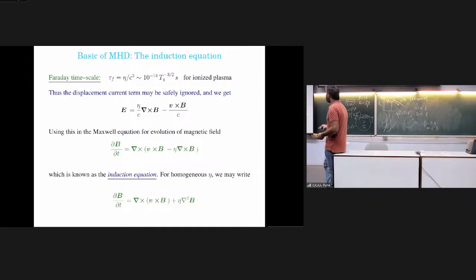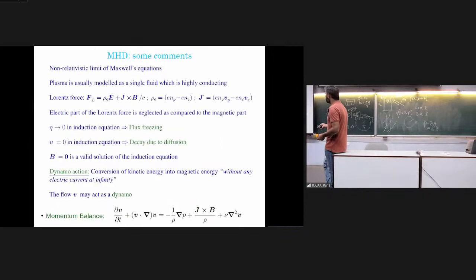So, if I start off with B equal to 0, nothing will happen. So, B equal to 0 is a valid solution of the induction equation. So, it always requires a seed. Formally, you define dynamo action as conversion of kinetic energy that is there for other reasons. For example, convection in the sun, supernova blast waves, and supernova driving motions in galaxies, ISM.